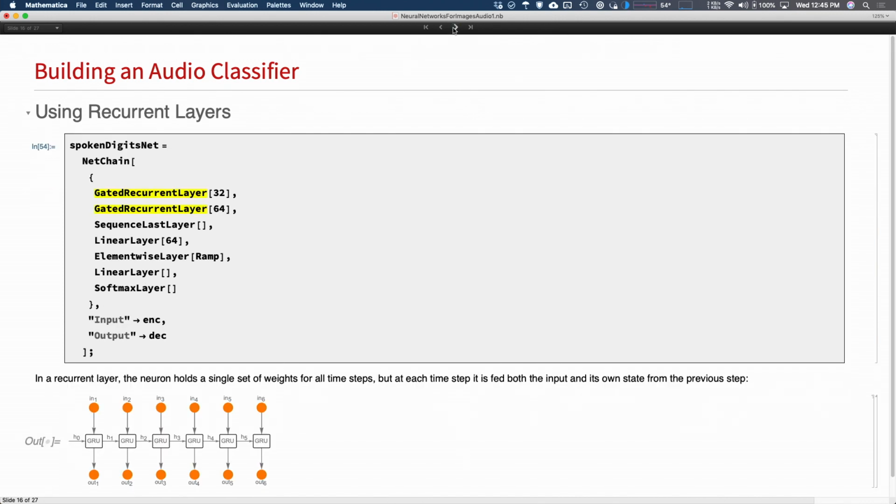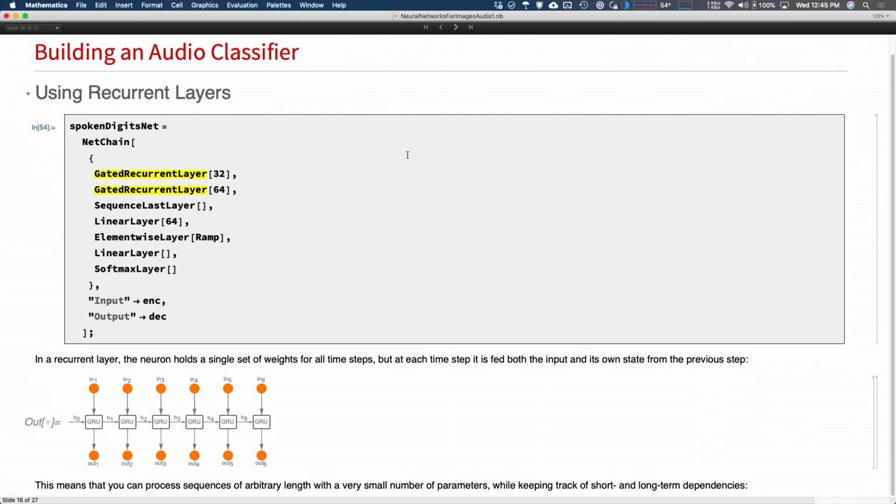So we are basing our network on the gated recurrent layer. So what are recurrent layers? The idea is pretty simple. We have a single set of weights that are then applied to 2 inputs. One is the input from the data, and one is the state of the layer at that time.